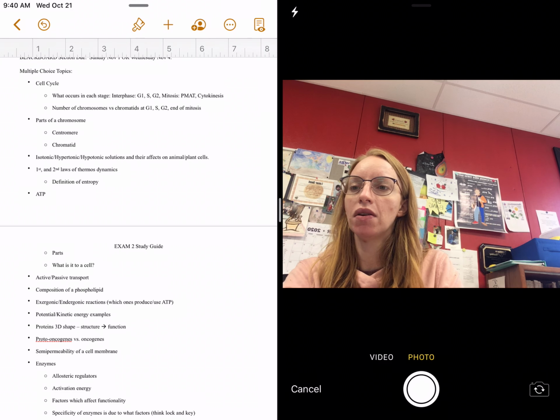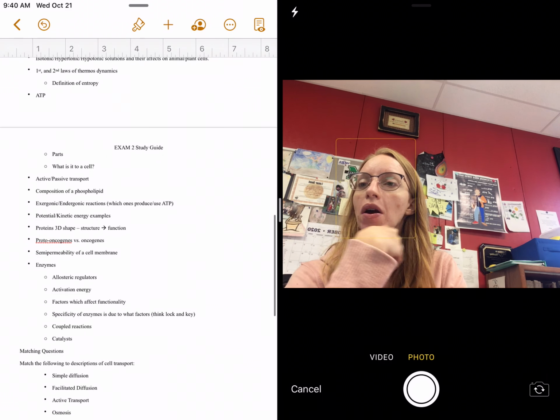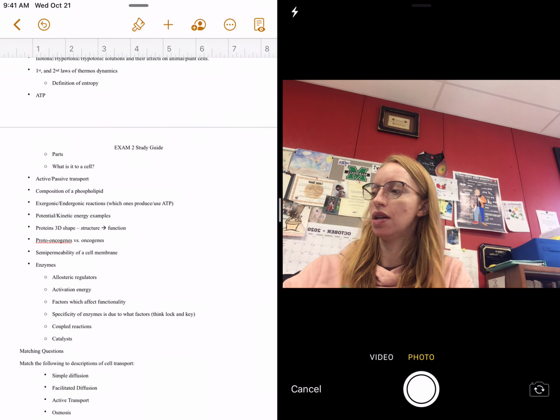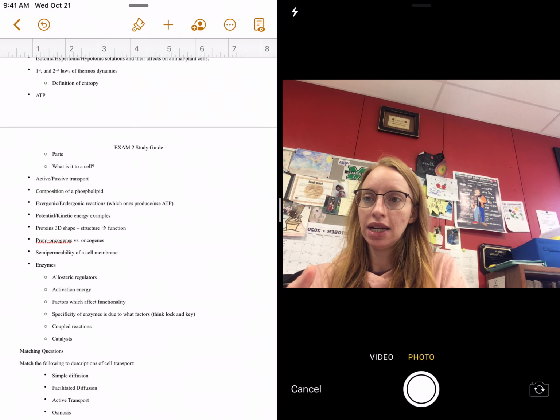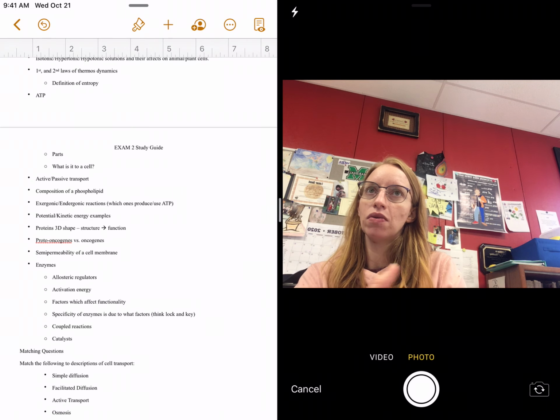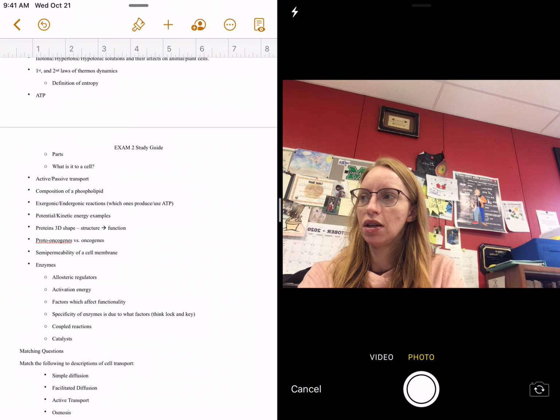Okay, moving on. ATP: what are the parts and what is it to a cell? So ATP is composed of adenine, which is your DNA base, your nitrogenous base, sugar, and 3 phosphate groups is what you're looking at.